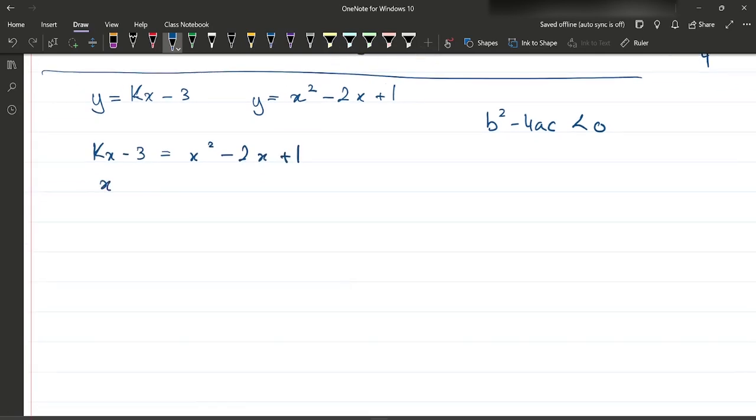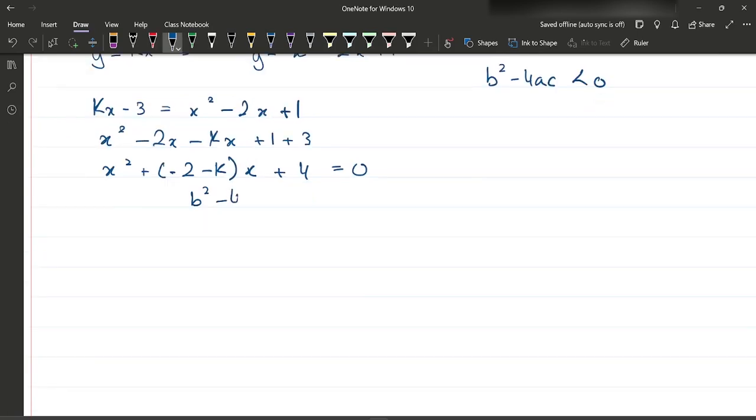Okay, so I like to keep things positive on one side. So I want to keep this one positive. So x squared minus 2x minus kx plus 1 plus 3, x squared plus minus 2 minus k, and x plus 4 equals 0 still.